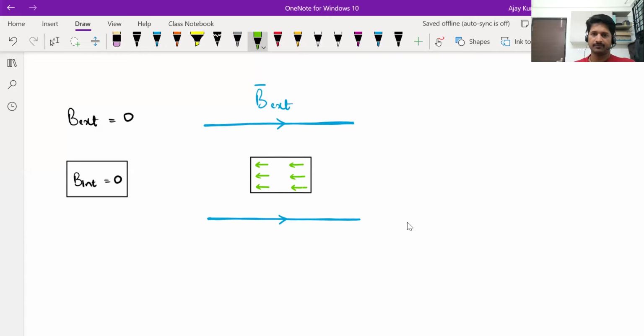Those of you who studied Faraday's law and Lenz's law know induced EMF tries to oppose the change in flux. We switched on an external magnetic field towards the right; earlier it was not there. Then the internal magnetic field will oppose that, so it will be towards the left. Effectively, an internal magnetic field opposite to the external magnetic field gets generated.